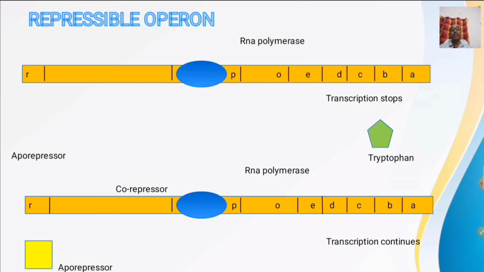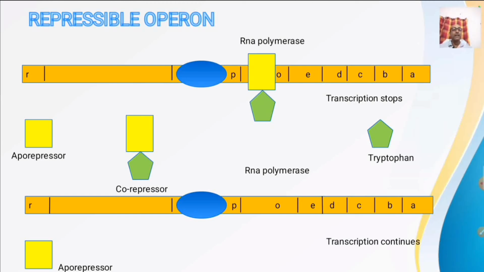So what will happen? The aporepressor, which is encoded by the R gene, combines with tryptophan. Got it? Now the aporepressor and the tryptophan combine to form the co-repressor. Now this co-repressor complex gets attached to the operator region, as a result of which the RNA polymerase won't be able to move ahead, and thus transcription stops here.